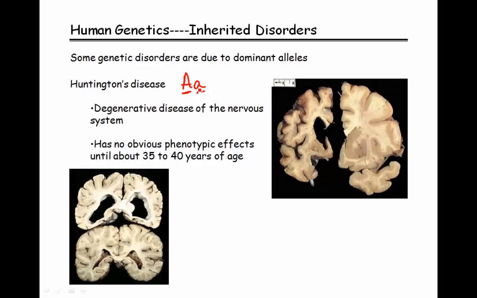They would have to realize what that knowledge may mean to them. It may mean that you're going to have a pretty rough, terrible life when you hit 35 or 40 years old. It may also end up being good news. Some people would prefer to know, others would prefer not to know. So there are a lot of personal things that come into play when we talk about genetic testing.